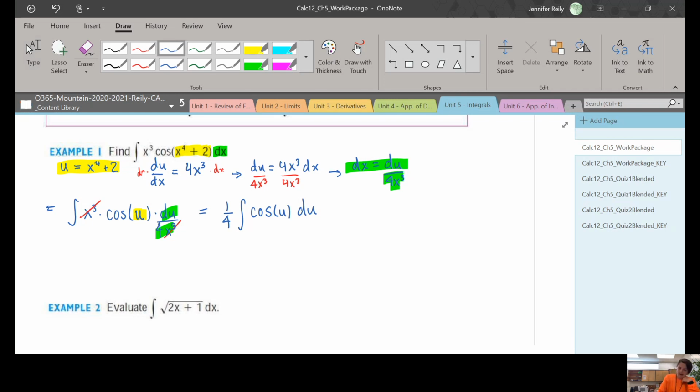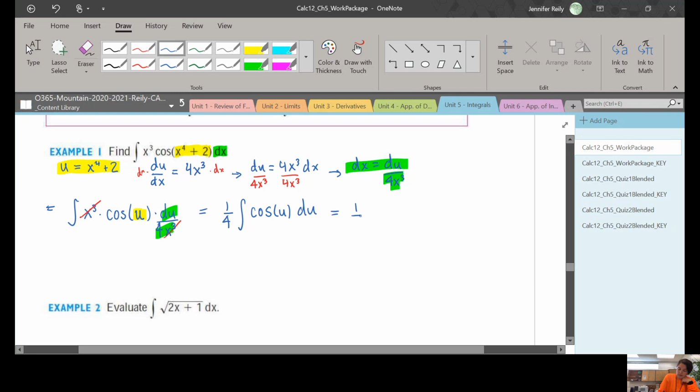To do this integral, the antiderivative of cos of u would be sine of u. And remember, you need your plus c. That's not the final answer because in the original question, there's no u term. So we need to write our final answer in terms of x.